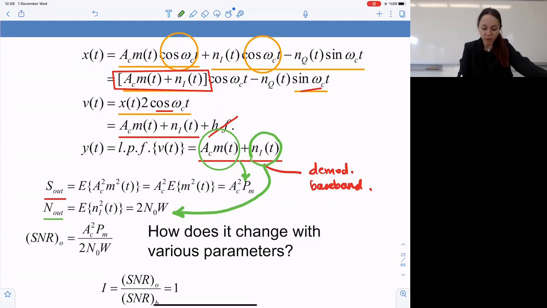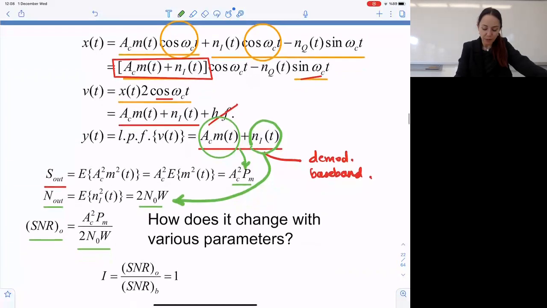Okay, so this is the output SNR, A_c squared P_M over 2N_0 W. Notice that the baseband SNR is identical to this. In the baseband SNR, our signal power was half of A_c squared P_M, and our noise power was N_0 W. So the ratio is exactly the same as this SNR_O.